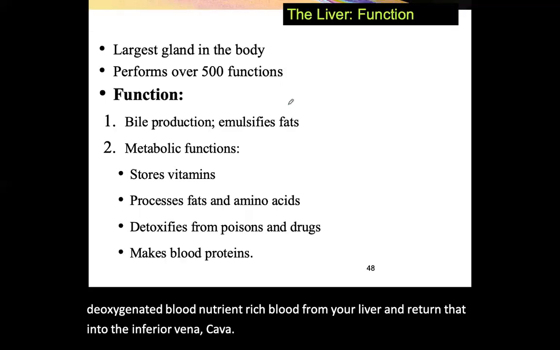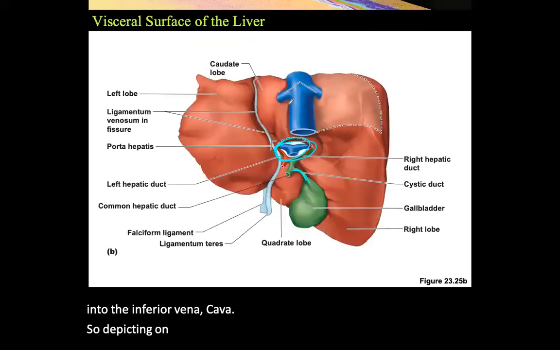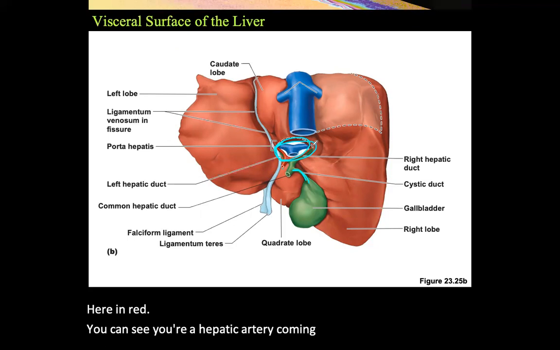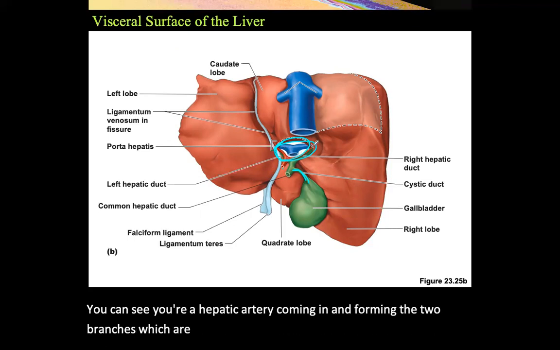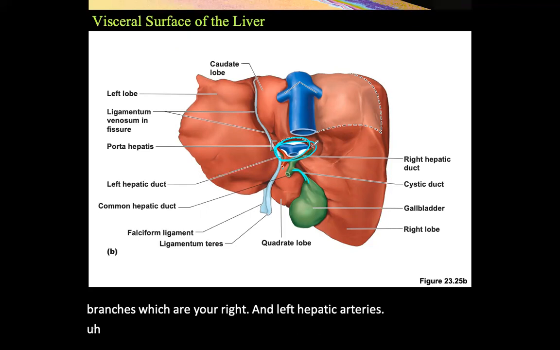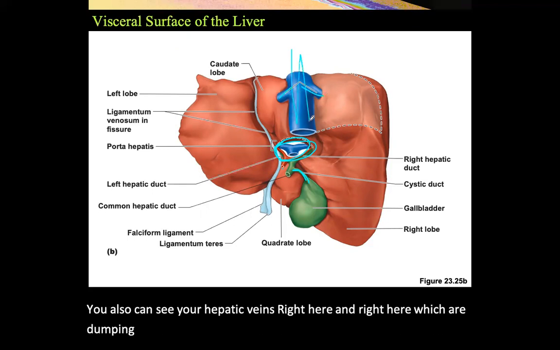So depicting on the picture, here in red, you can see your hepatic artery coming in and forming the two branches, which are your right and left hepatic arteries. You also can see your hepatic veins right here and right here, which are dumping into the big blood vessel right at the center, which is your inferior vena cava.